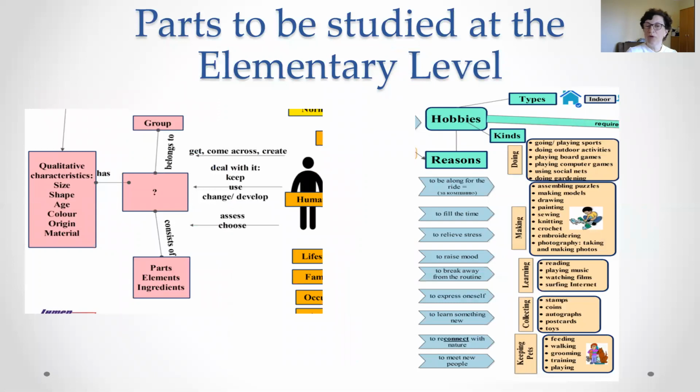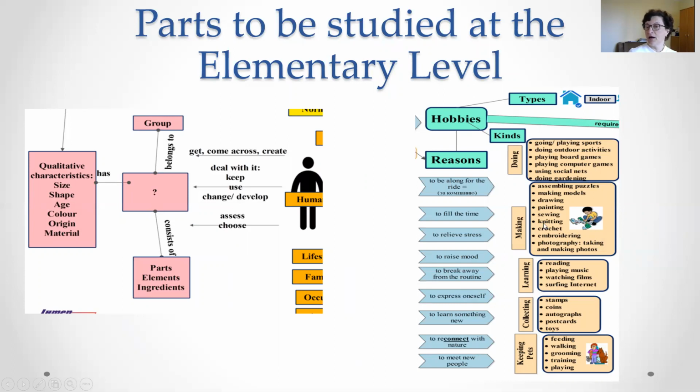So earlier, I knew that they already had an idea about hobbies. They know what the types of hobbies are, and they could say why people take these hobbies.